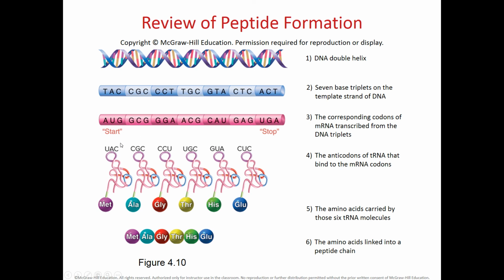And then this anticodon on the tRNA, which is this, binds to the AUG because it's complementary. A will bind to U, U to A, and then G with C, and then it brings methionine.